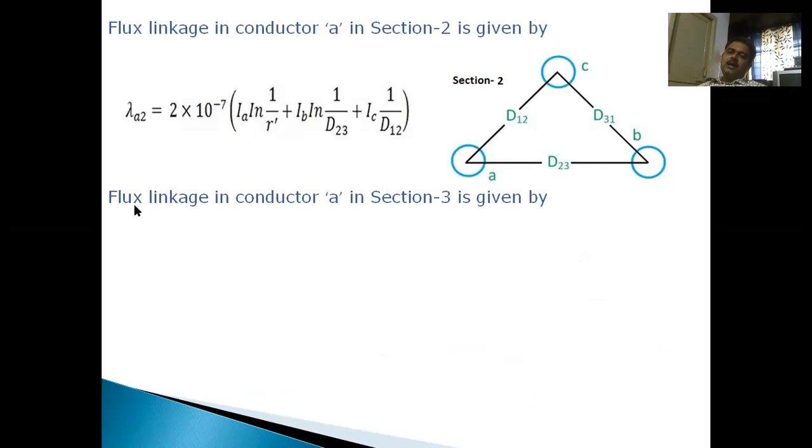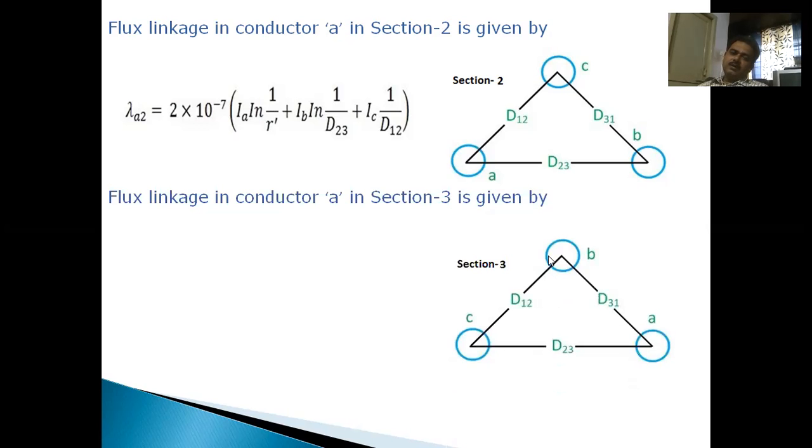Next, the flux linkage in conductor A, again the same conductor, in section C. Section C means this conductor takes this position, this conductor takes this position, again this conductor takes the second position. So same thing, one more time the conductors are rotated.